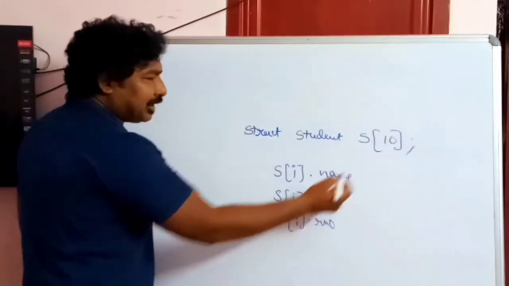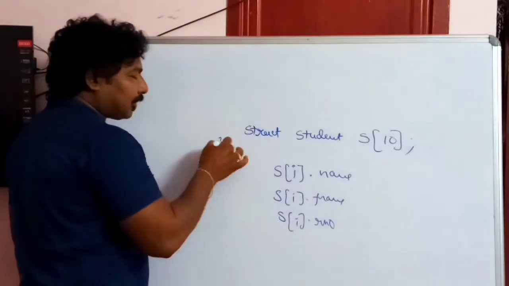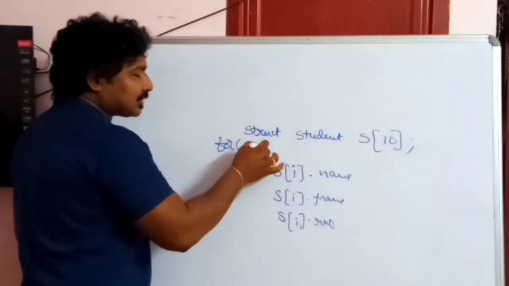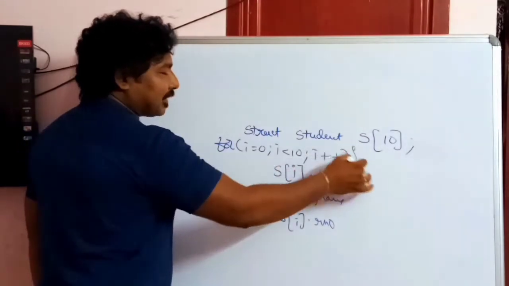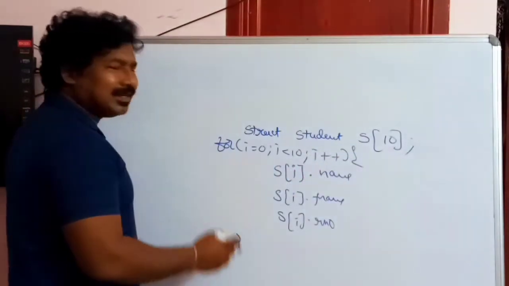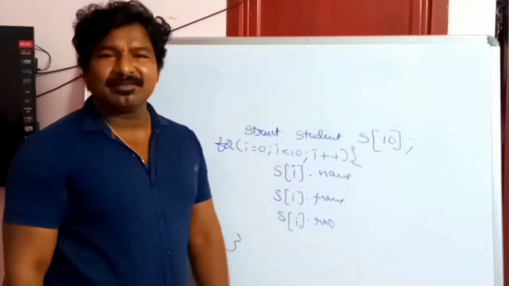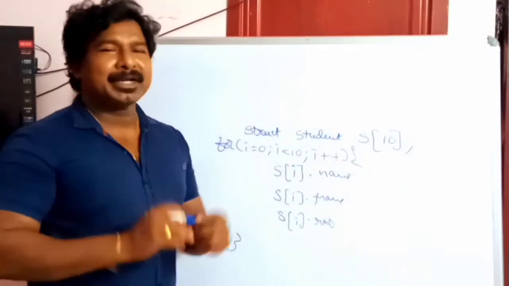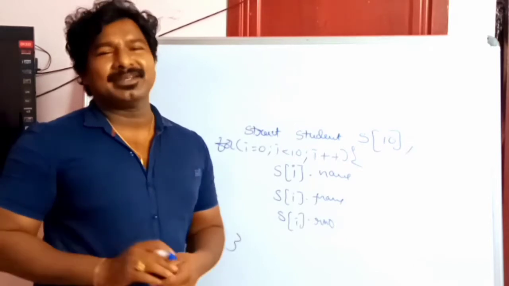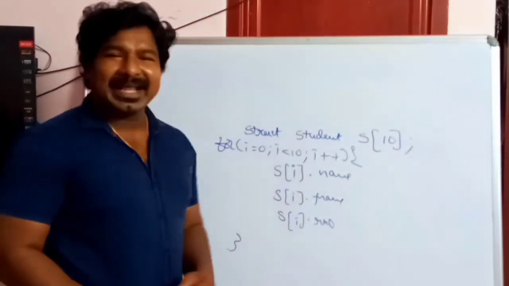If you want to read for 10 elements, I will use a for loop: for i = 0, i < 10, i++, and it runs 10 times, accessing all these elements. You can use scanf to read the values, and similarly printf to print the values on the screen. Friends, this is called array of structures.